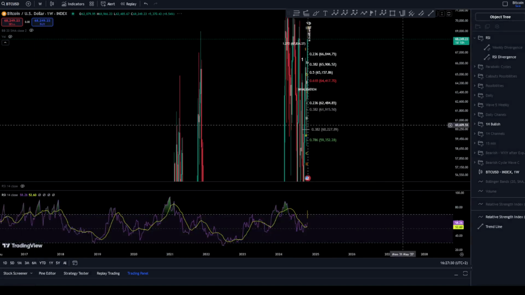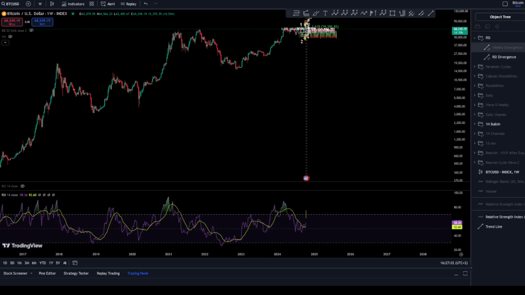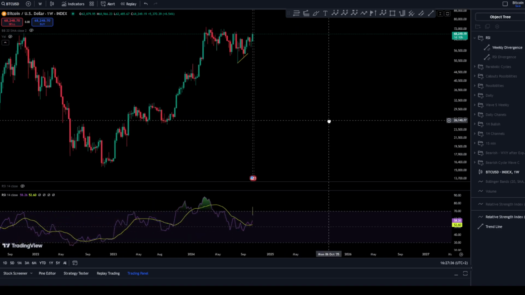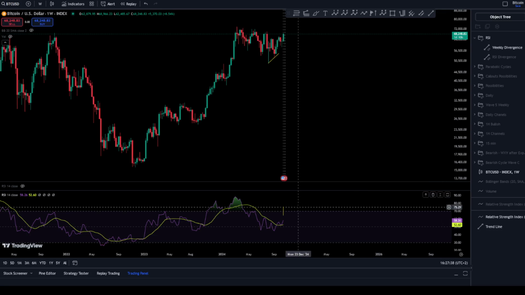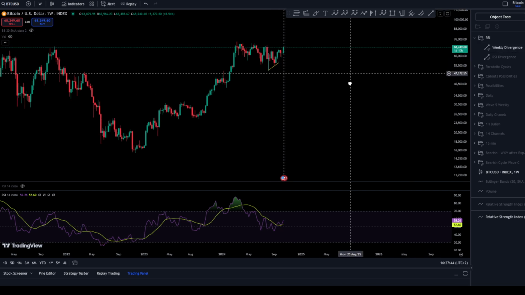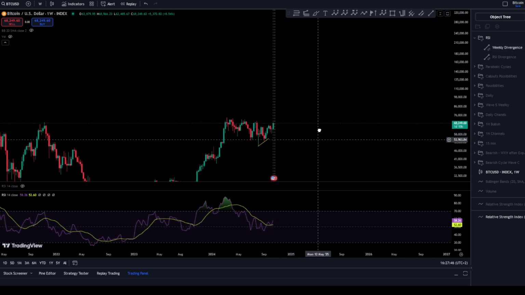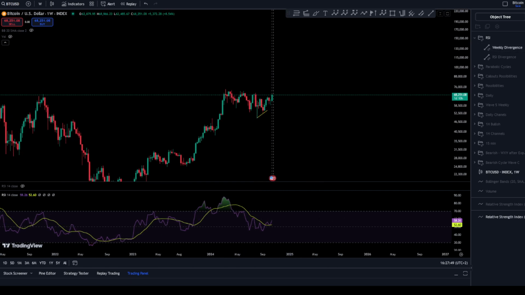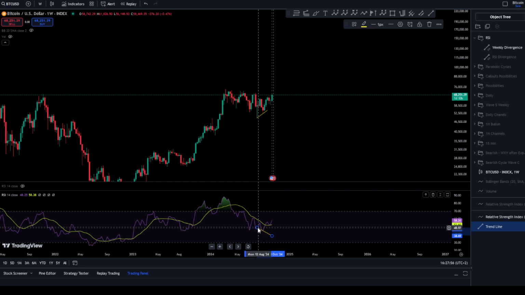On the weekly chart, we can see another signal. Here you can see our weekly signal, where we can see a lower low and then a higher low, while on your RSI you can see a higher low and then a lower low.